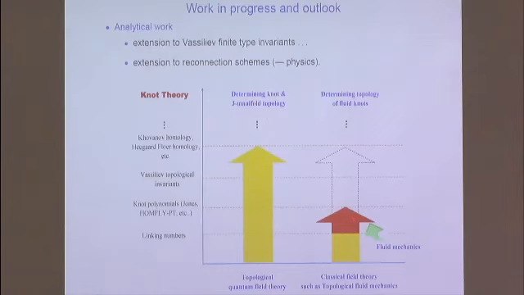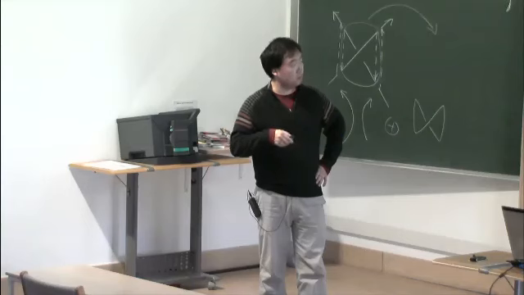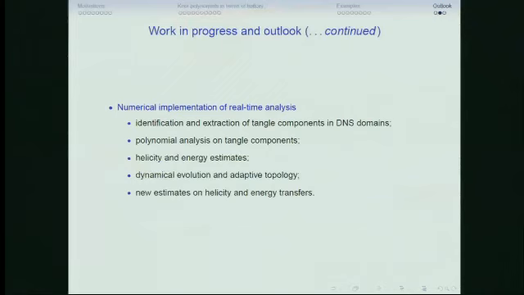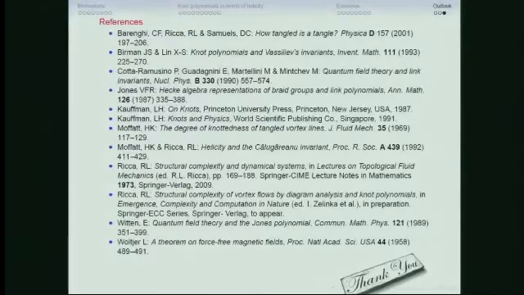We want to extend to Vassiliev type invariants, and we want to do some physical realization of this program. We hope we can do that. And we also want to do some numerical work for this job. Okay, so that's references. Thank you very much.